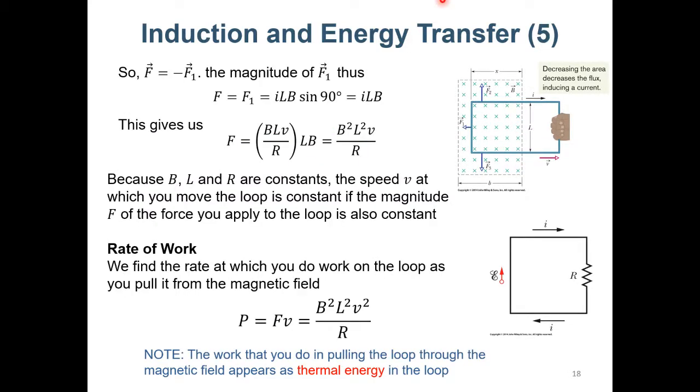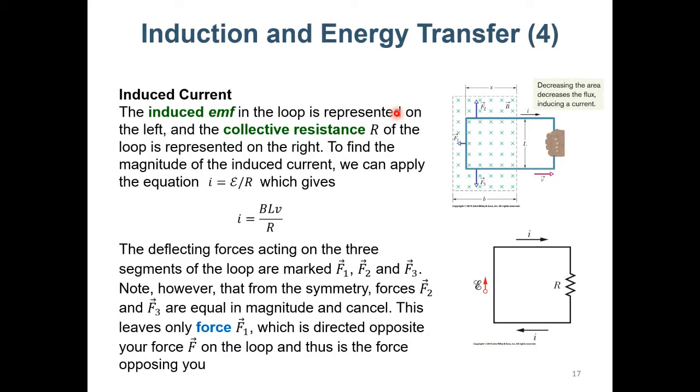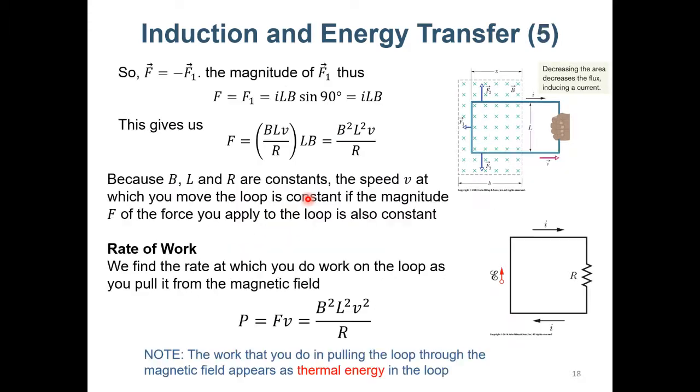So next, we know that the force will be ILB sine 90 degrees because they are perpendicular to each other. And so it's nothing but ILB. And here we know that I is BLV over R. So we substitute it here.